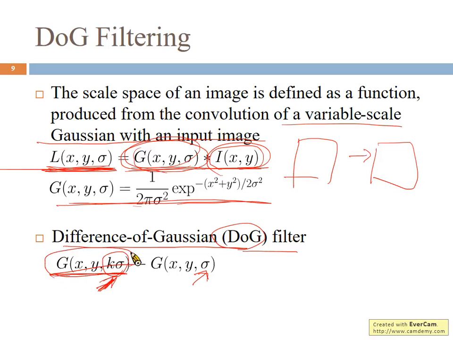Sorry, this is the Gaussian that causes a more blurred image, and this is the Gaussian that causes a less blurred image. The so-called difference of Gaussian means that we subtract these two Gaussians.